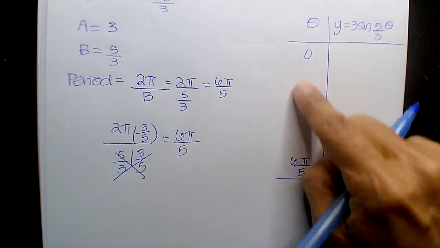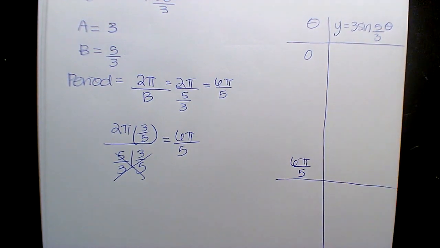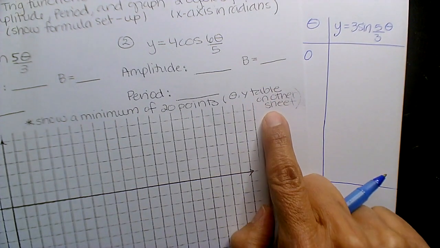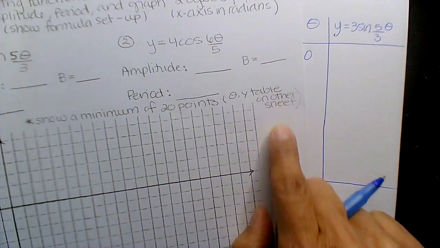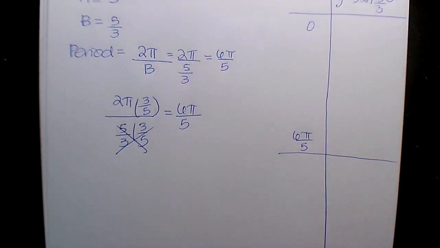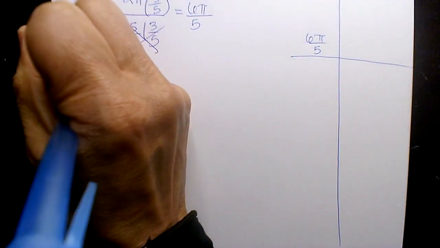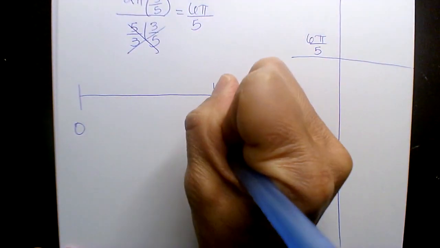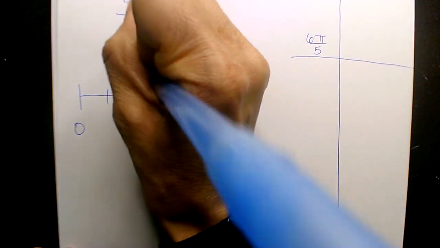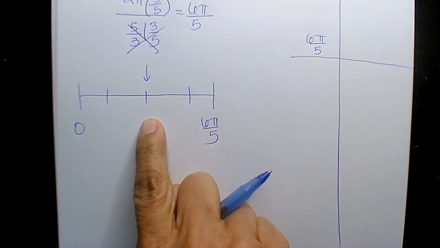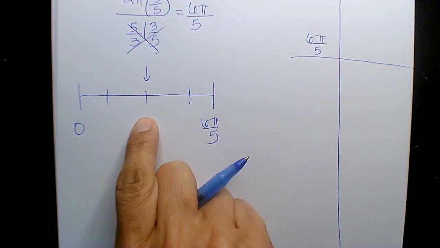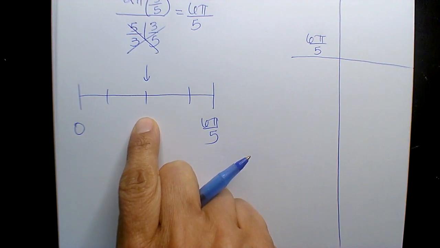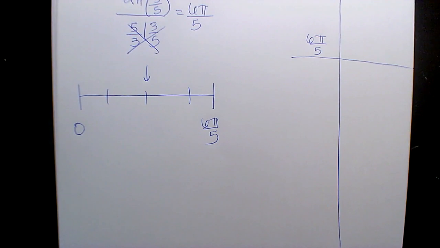Okay, so I'll write them here because remember I told you you had to give me an XY table or a theta Y table on another sheet. Okay, most of you did on another sheet. All right, so here we go. If I'm going to do my 4s and this is 0 and this is 6 pi over 5, you first go for that one. And so what do I multiply by to get that length or that gradient? 0.5 or 1/2, it's up to you.